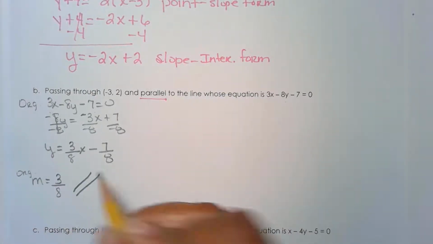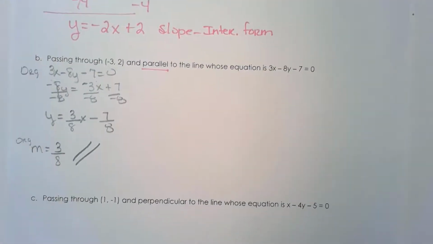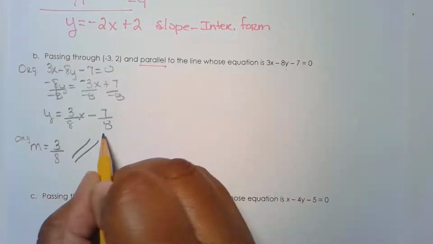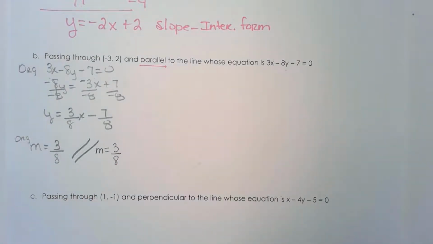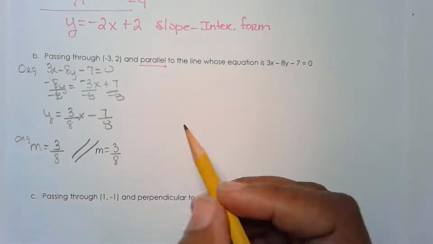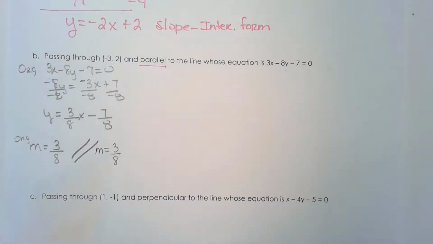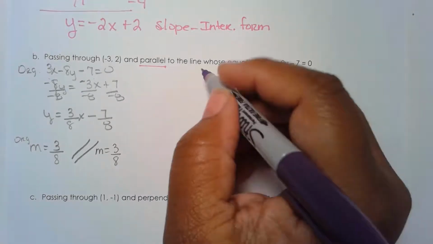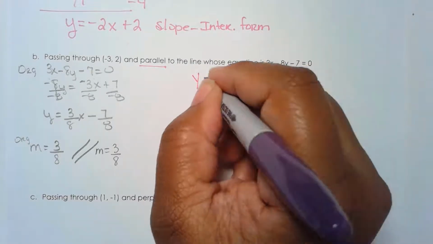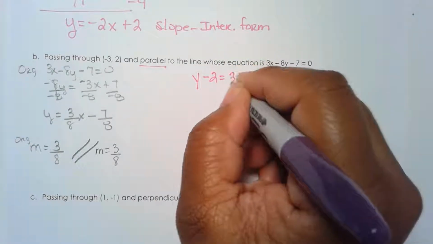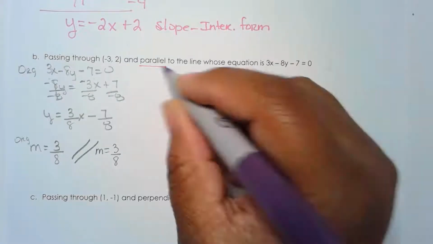What would be the parallel slope so we can create this new equation? It's the same. Okay, so let's go ahead and work that out. Point slope form: y minus 2 is equal to 3/8 times x minus -3.